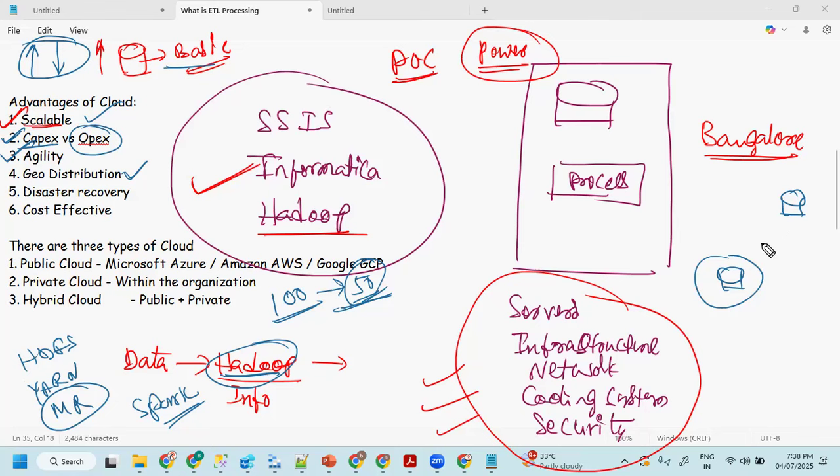Depending on your requirement, you can keep that in different places. And disaster recovery also will be there, since there is geo distribution or geo replication. If any of the reason is failed, then we can get it. We are going to talk about it in a little more detail at the time of ADLS Gen 2. And cloud is completely cost effective. Okay, so very, very less when you compare with others.